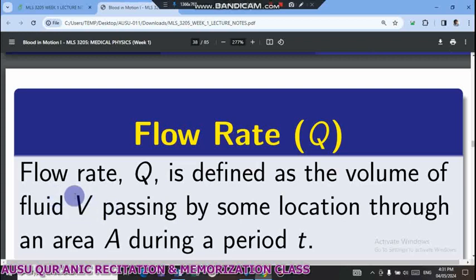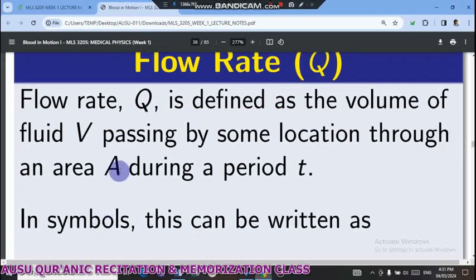It's defined as the volume of fluid, capital V for the volume, passing by some location through an area A. A is the area of the location it is passing through during a time T, meaning after this time the volume that passes through that location is V. So if I divide this V by T, it will give me the flow rate.